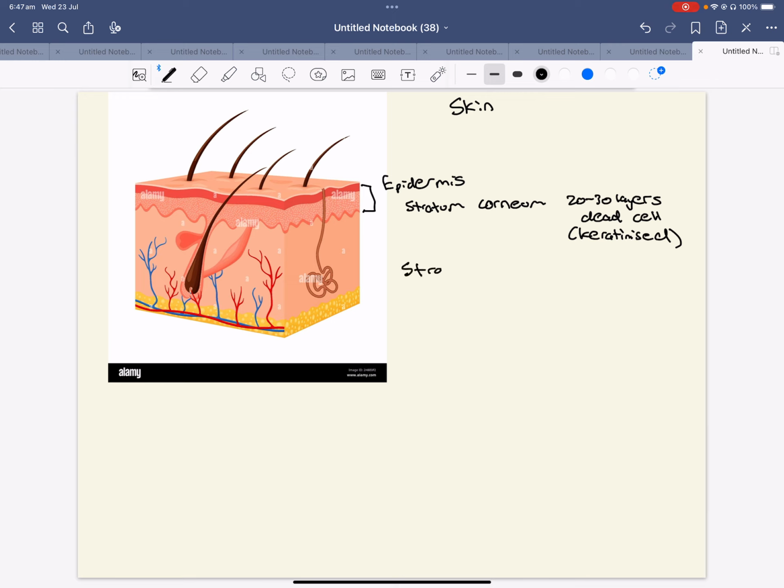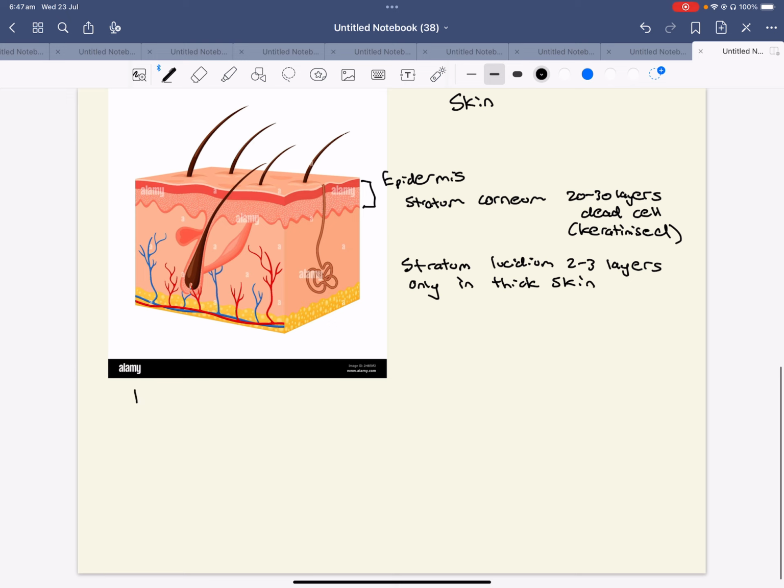Next is the stratum lucidum. The stratum lucidum is 2 to 3 layers, and it's only in thick skin. Okay, just want to mention now, thick skin does not have hair.